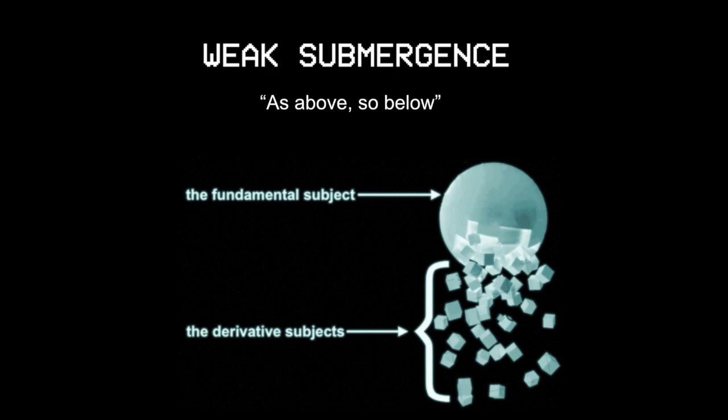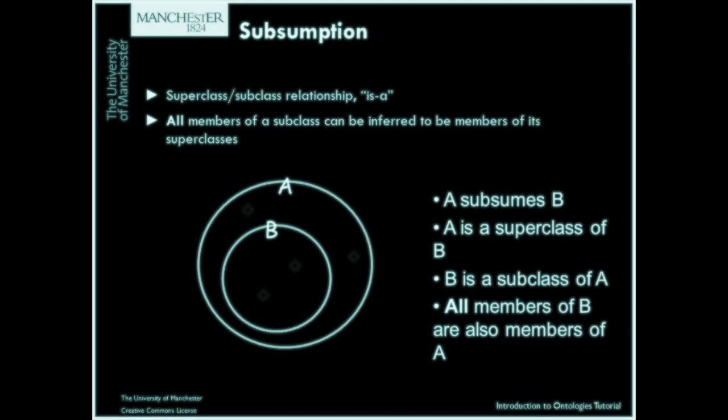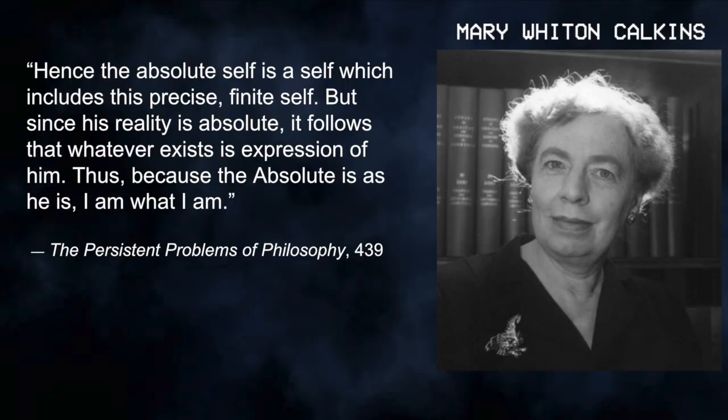So in terms of idealism, that would mean since the whole is a conscious subject, then the parts are also conscious subjects. As said by Mary Whiton Calkins, "Hence the absolute self is a self, which includes this precise finite self, but since his reality is absolute, it follows that whatever exists is expression of him.